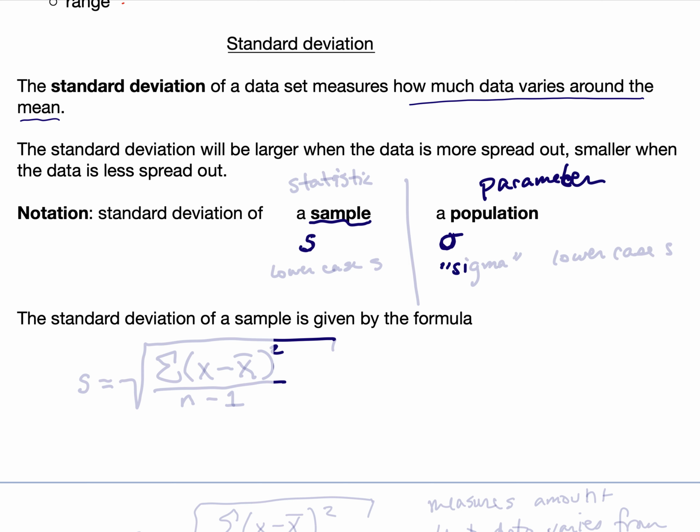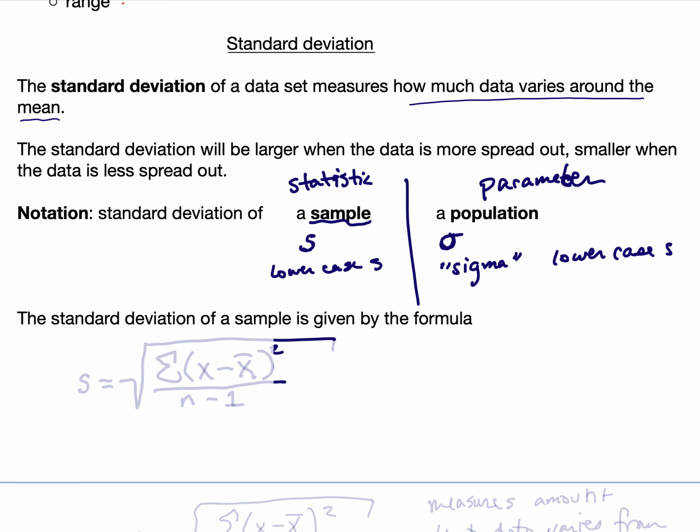So this is sigma, and this is a lowercase s in Greek. We saw before the uppercase sigma for sum. We'll see that again shortly. And this is a lowercase s. So when we're talking about a statistic, the standard deviation of a sample of values, we use lowercase s. When we're talking about it for an entire population, we would use sigma.